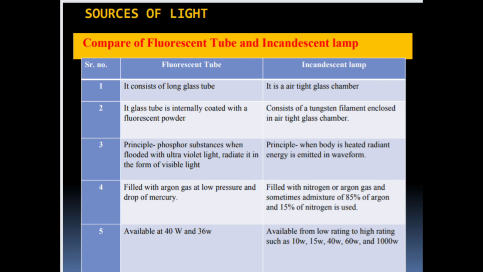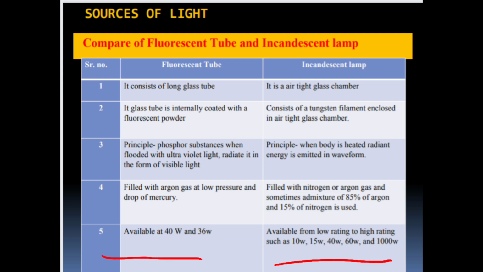The incandescent lamp is filled with nitrogen or argon gas, and sometimes a mixture of 85% argon and 15% nitrogen is used. The fluorescent tube is available in 40 watt and 36 watt. The incandescent lamp is available from low rating to high rating, such as 10 watt, 15 watt, 40 watt, 60 watt and 1000 watt. So these are very important.